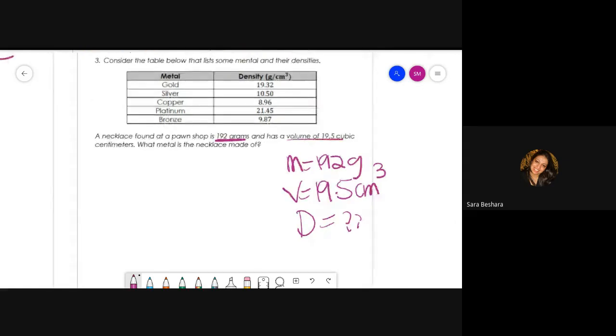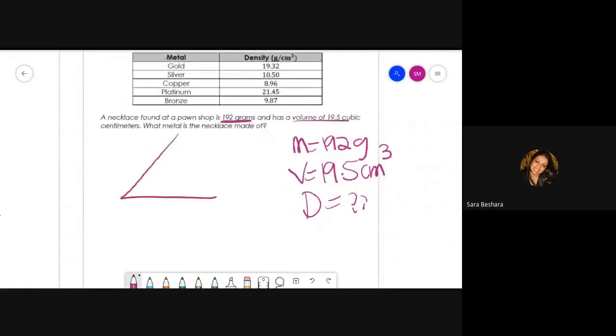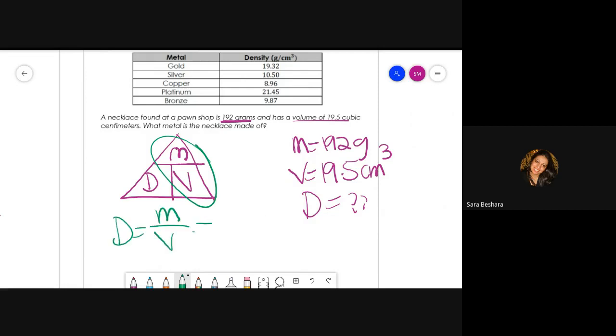Remember, in order to find the density, you can create the triangle. D equal to M over V. I need D, so I'm going to use this. D equal to M over V. M is 192. V is 19.5.